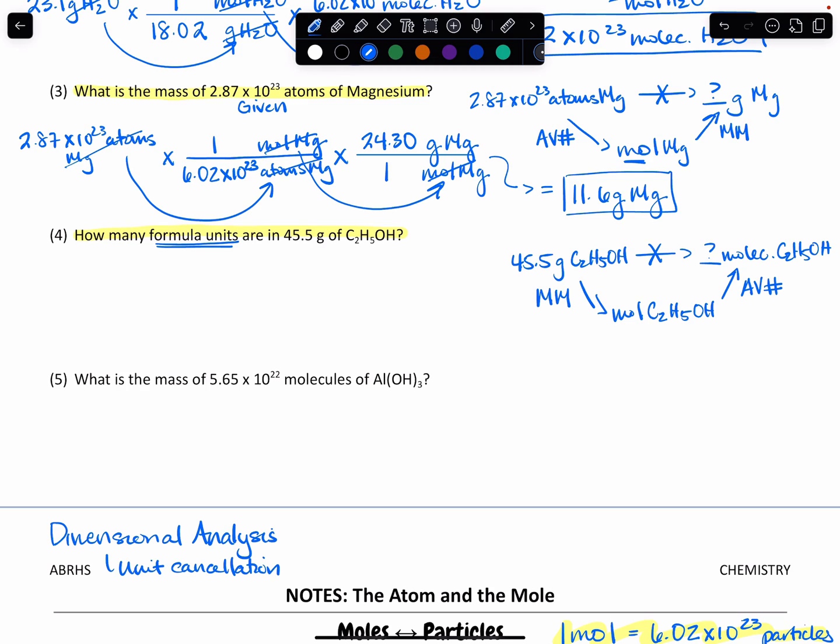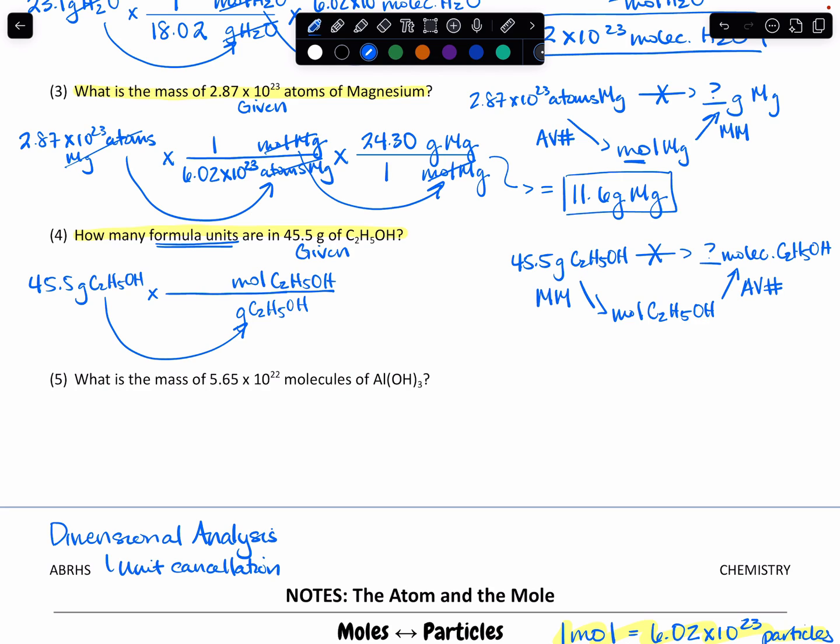We start the problem with what we have been given. So we have 45.5 grams of C2H5OH. Our first conversion factor is going to put that unit in the bottom, so grams of C2H5OH, and we'll be converting to moles of C2H5OH. So I need to calculate the molar mass.